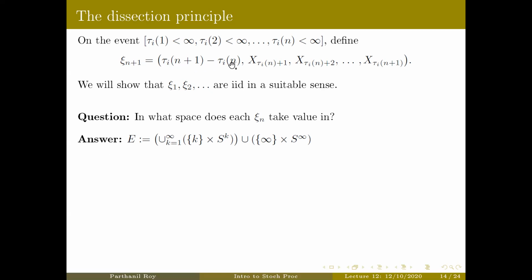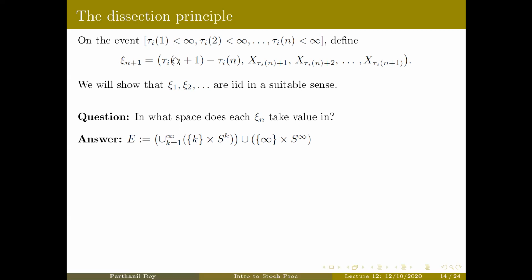If the length of the n plus 1th excursion is k, then you have k many elements after that from S. So when it is k, this is taking value from the singleton k, Cartesian product S power k. This is true for every positive integer k. So that will give you this union.